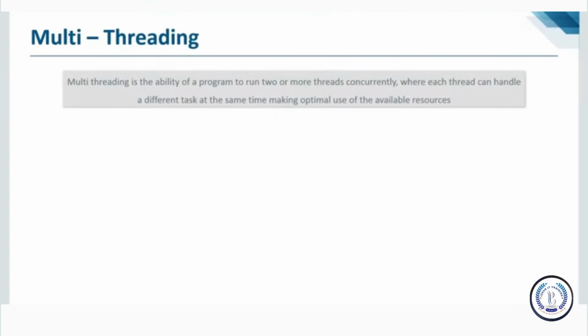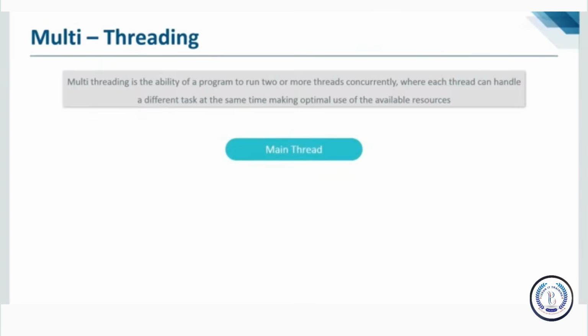So what is multi-threading? Multi-threading is the ability of a program to execute more than one thread concurrently, where each thread is handling a different task at the same time, so that the available resources can be utilized in the most optimal manner.